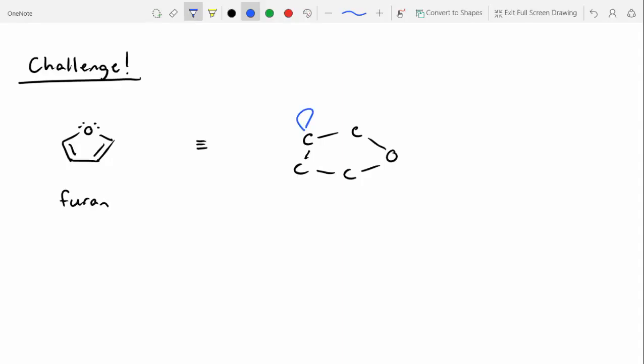So we've got a p orbital here and here. So in furan, we've got 2 pi bonds, right? Pi here and pi here.